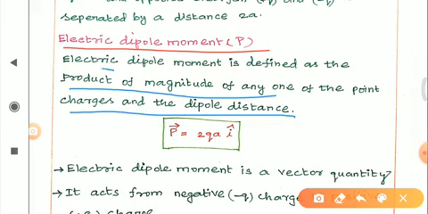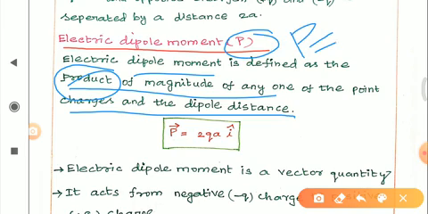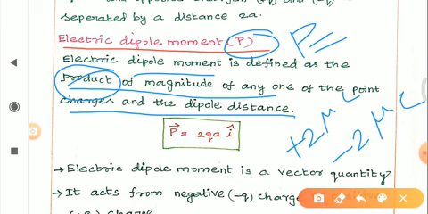So product is nothing but multiplication. Electric dipole moment is represented by the symbol P. So P is equal to the product of the magnitude of any one of the charges. Magnitude of any one of the charges means, suppose we consider plus 2 microcoulomb or minus 2 microcoulomb. What is the magnitude?